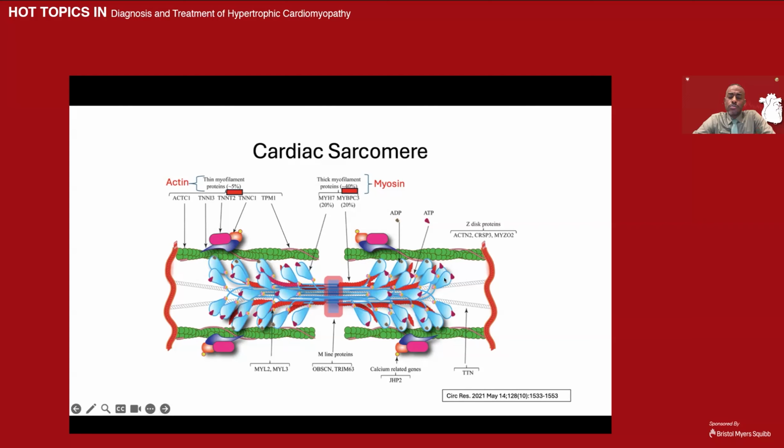And most of the mutations involved in hypertrophic cardiomyopathy, and we'll hear about them later on in the talk by Dr. Firas, relate to mutations in the thick myofilament proteins, the myosin heavy chain 7, as well as the myosin binding protein C. So those comprise about 40% of the mutations in the thick filament component, while the thin filament component, some of the TNNT2s, comprise about 5%, so much less likely. There's also other genes involved, and we'll look into them in a little bit.